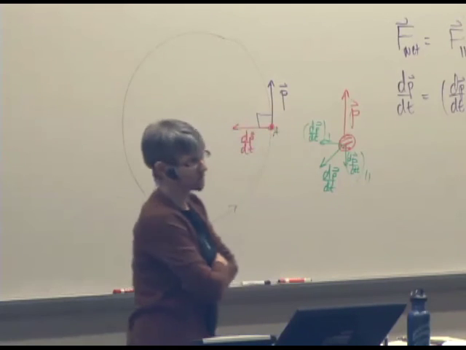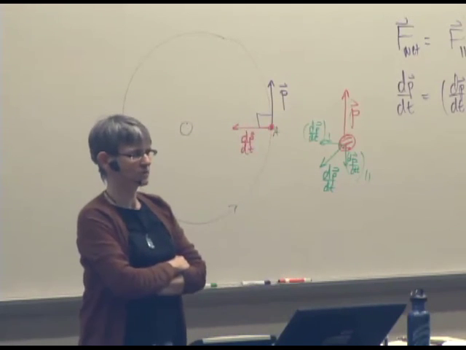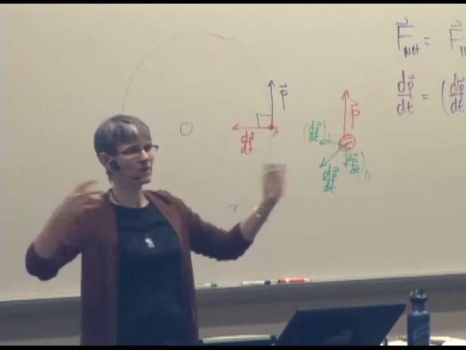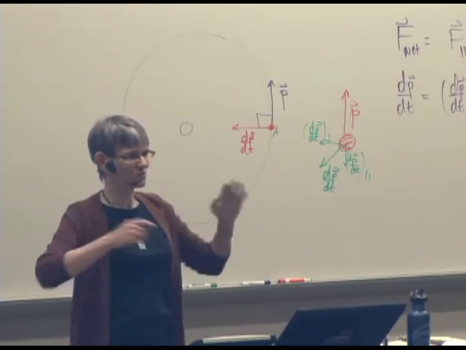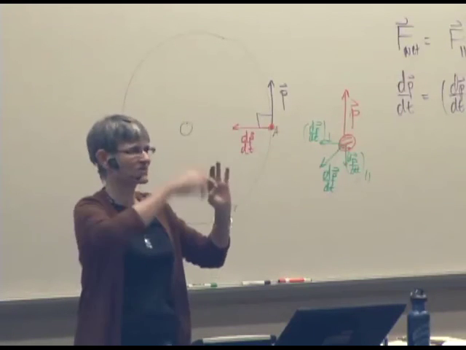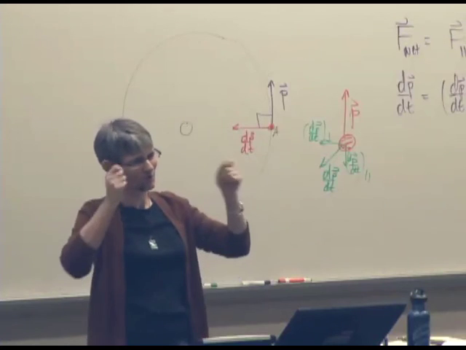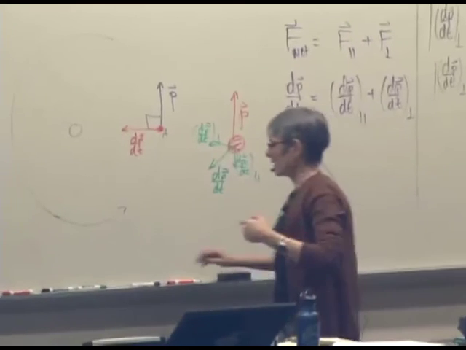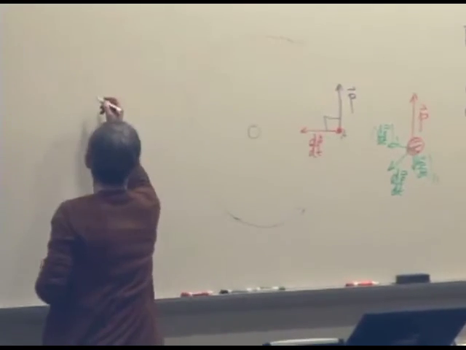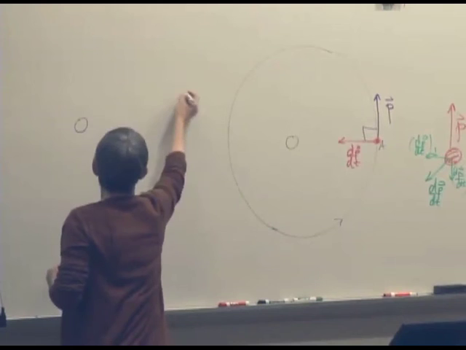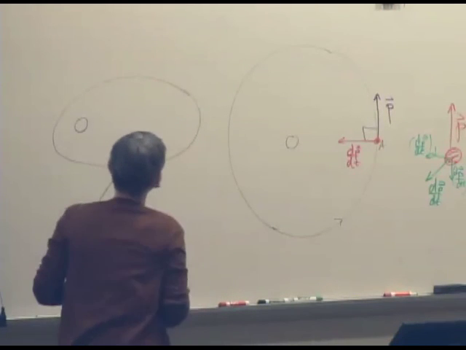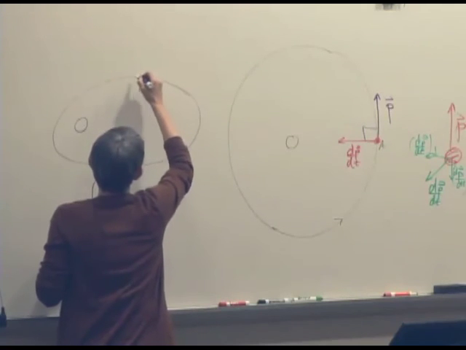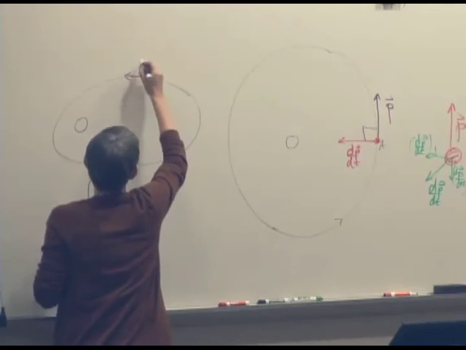Okay, so I think you're asking a question about the difference between an elliptical orbit and a circular orbit. A circular orbit is really special, and if you've done the lab this week, you may get a sense that it's actually not so easy to get a circular orbit. So an elliptical orbit, we've got something going around in an ellipse, and at some location, here's the object's momentum.